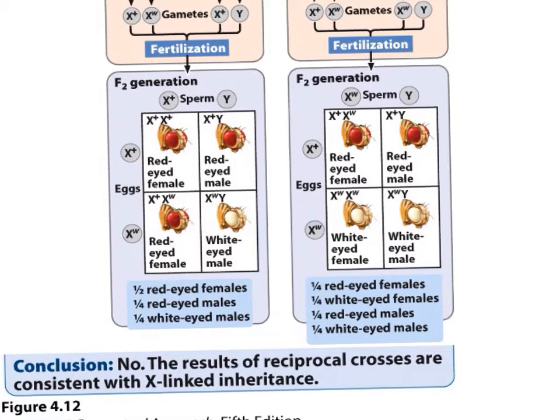X and a wild type X, mutant X. Heterozygous dominant, right, normal, and a white-eyed male. If you switch these, heterozygous, red-eyed female, red-eyed male, white-eyed female, white-eyed male. These are not the same as these. So you cannot do a reciprocal cross if they're X-linked.